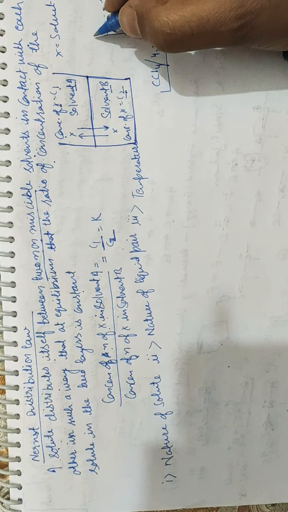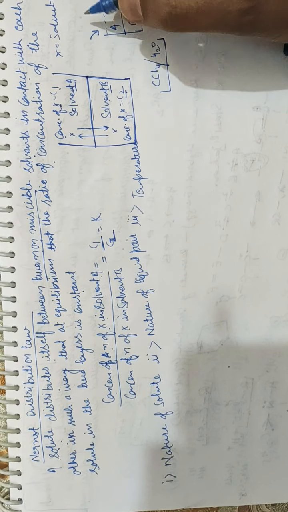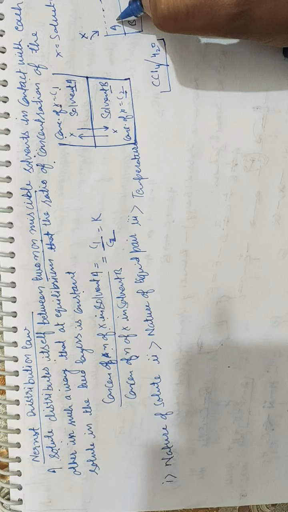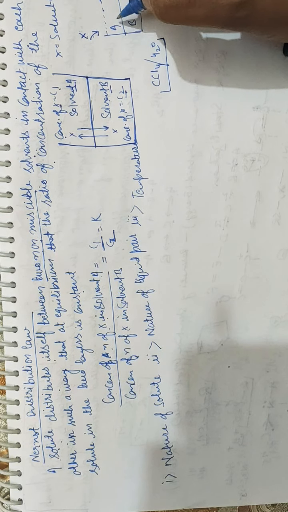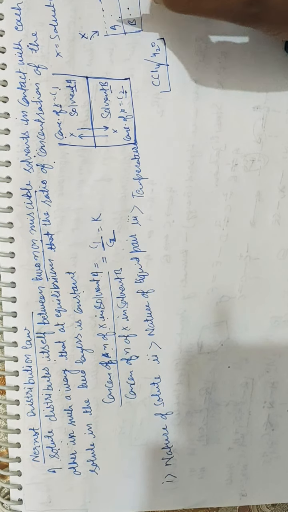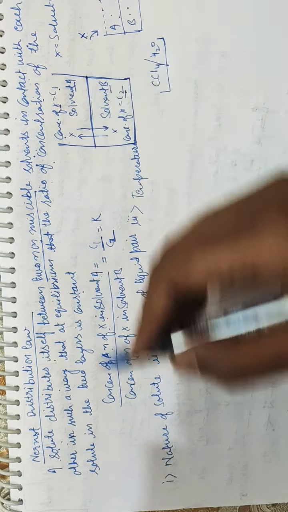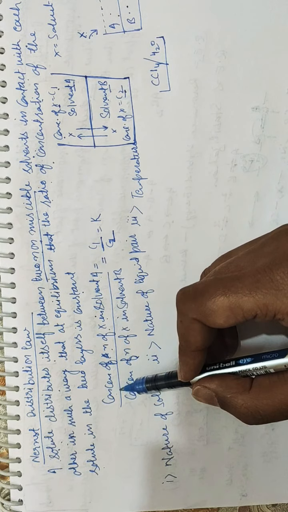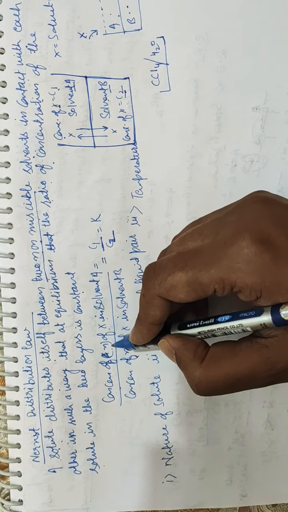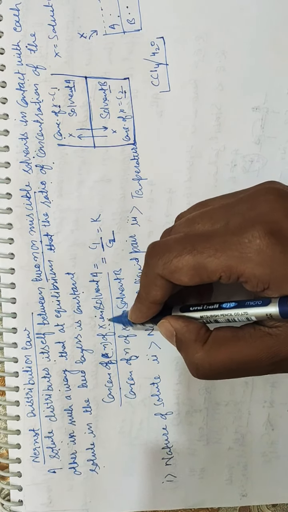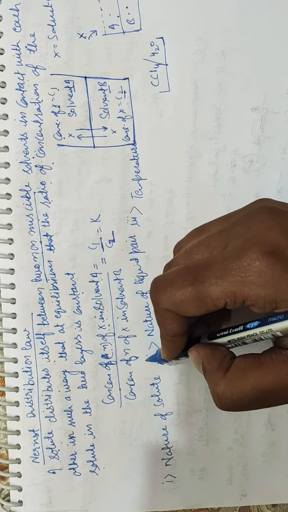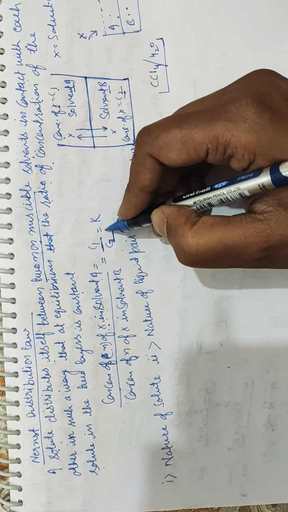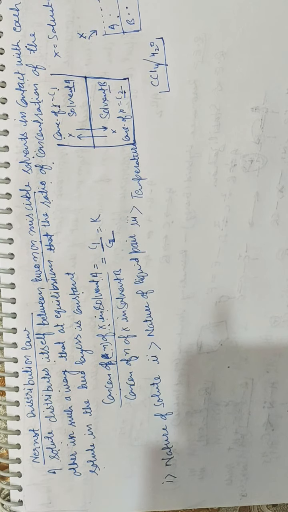When you add a solute, suppose X is a solute, into this solution, it will distribute into both the solvents in such a way that the ratio of concentration of the solute in the two layers is constant. Mathematically it is represented as concentration of X in solvent A over concentration of X in solvent B is equal to C1 over C2, that is equal to K, that is constant.